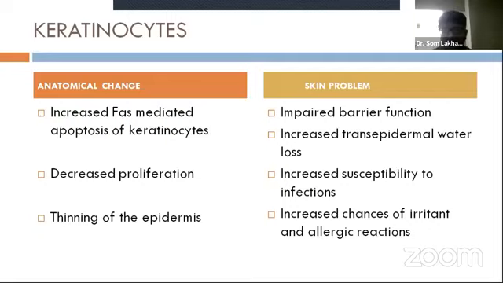And there is also an increased chance of irritant and allergic reactions in the elderly because of the barrier dysfunction. These are the physiological changes that occur in the skin because of the concomitant anatomical change. These are the basic defects that occur in the keratinocytes. Keratinocytes, as you know, produce the basic structure of the skin.